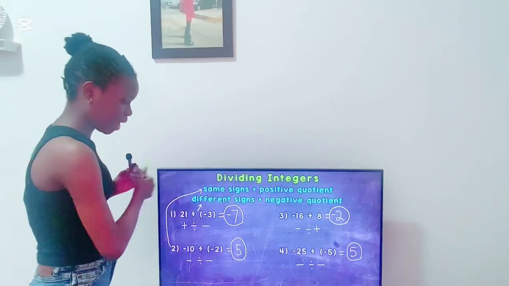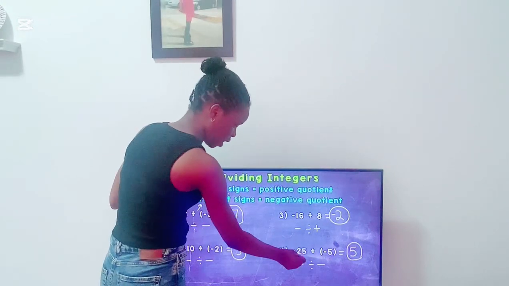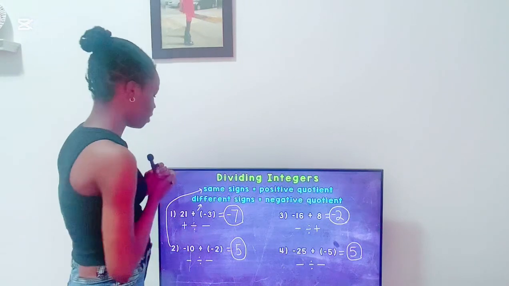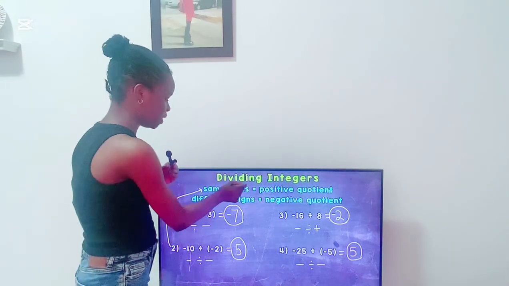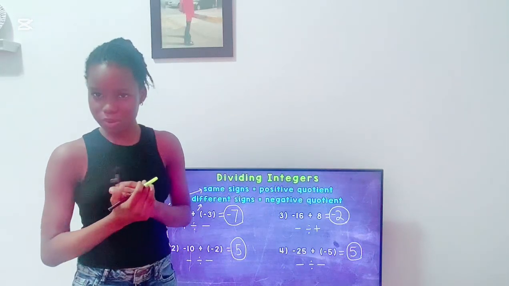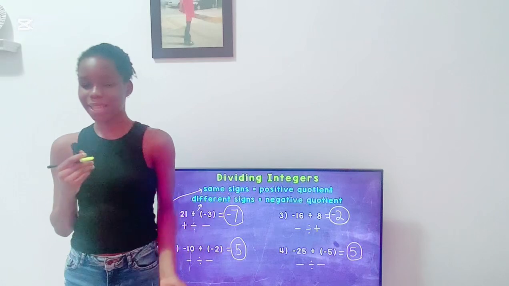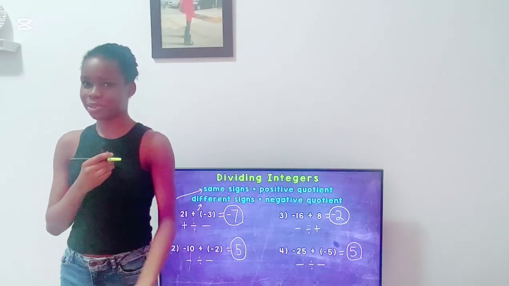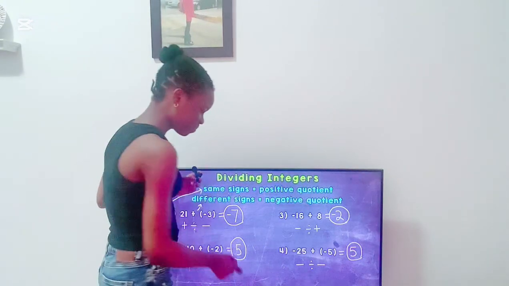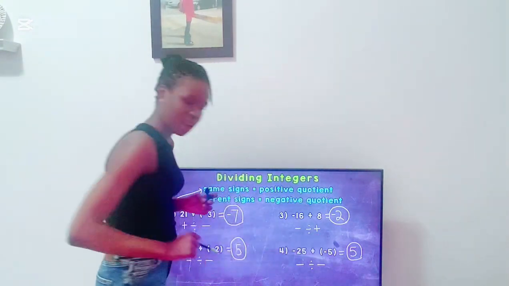So we have our last one, number 4, which is -25 divided by -5. Should we do this in role play mode, like the one we did last time? Let's say the invisible teacher asks you, what is negative 25 divided by negative 5?